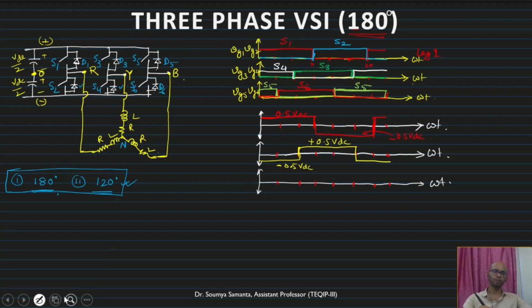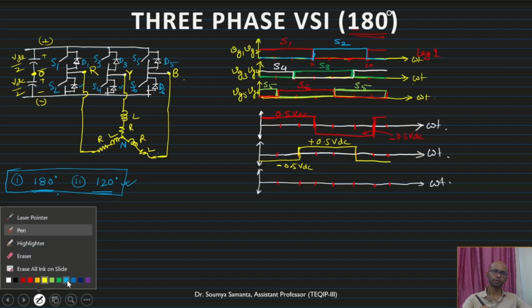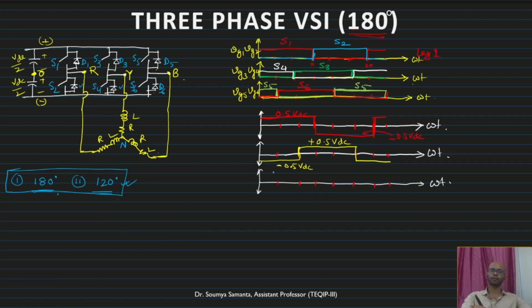So now the blue phase. What will the pole voltage be? This will start from 240 here. So VDC by 2 it will continue up to this point. And from here, this is basically 120, it is negative, and then this is positive.